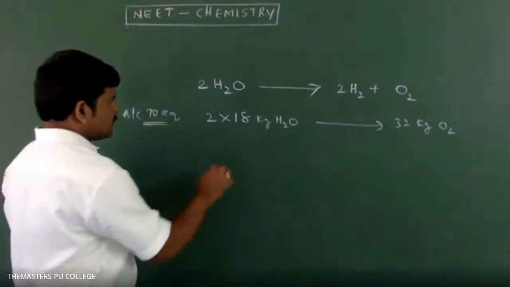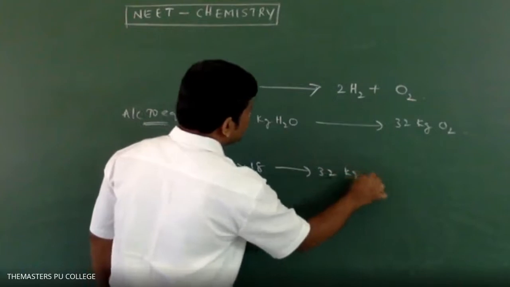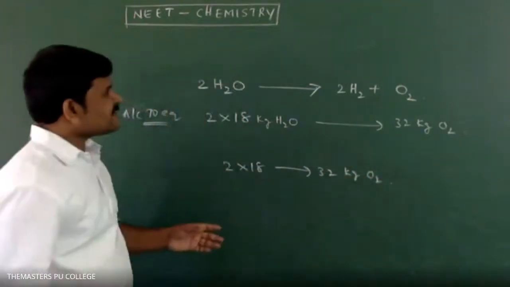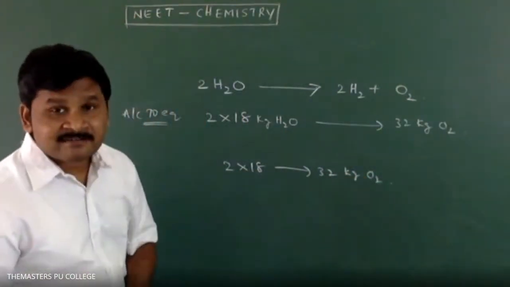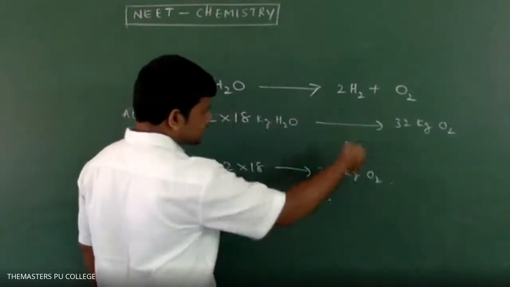Now, see, 2 into 18 gives 32 kg O2. How many kg of H2O did I take in the question? 72 kg. How much kg of O2 will you get?